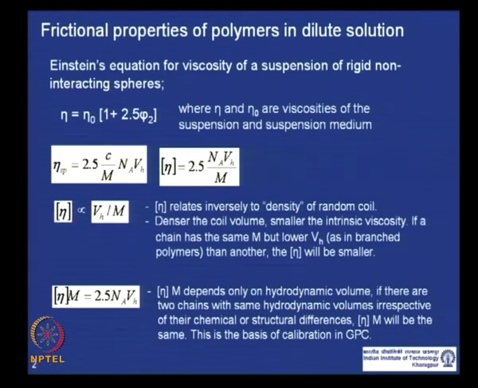So, if two polymer coils have the same hydrodynamic volume, irrespective of their chemical and structural difference, the product of intrinsic viscosity and molecular weight will be the same.